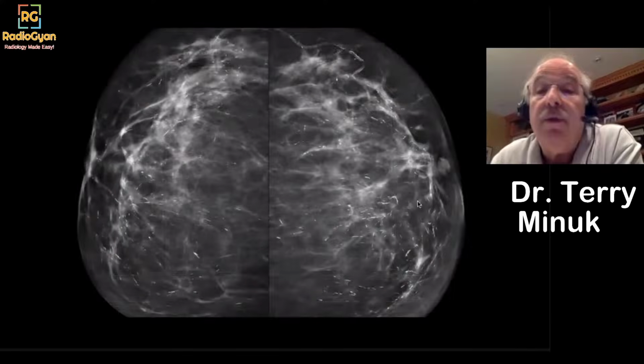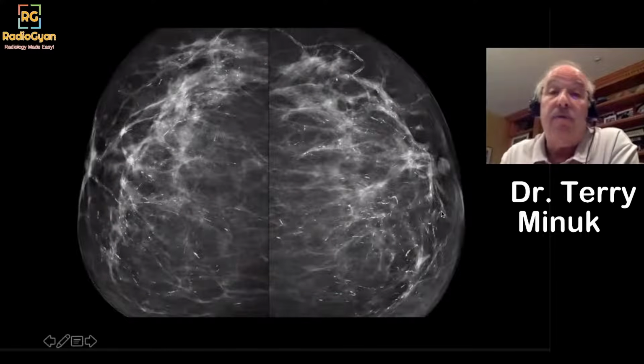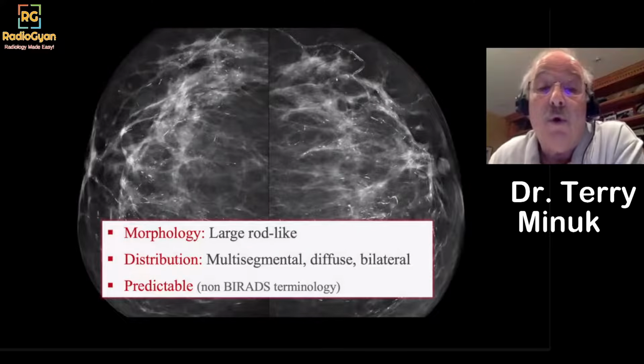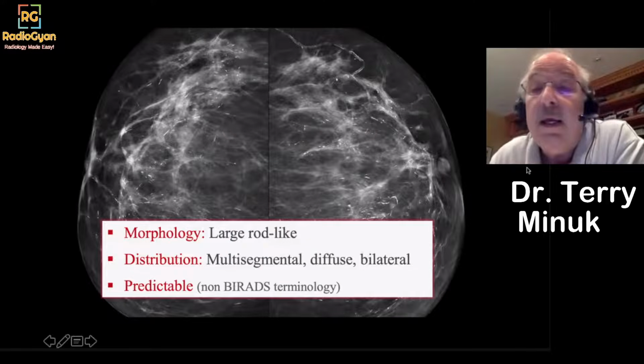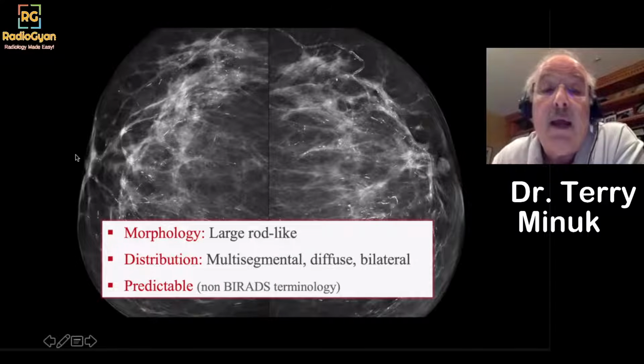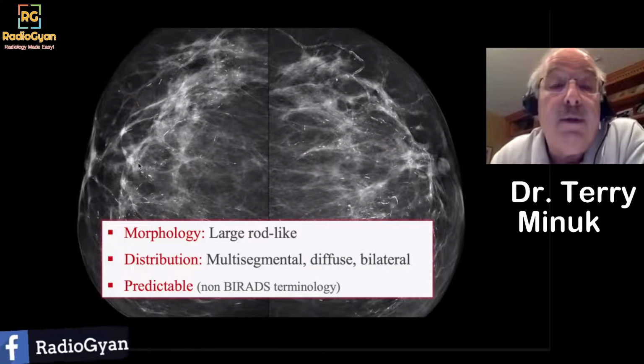Now, this is a classic appearance of plasma cell mastitis or secretory disease. It's bilateral. It involves segments in the top half and the bottom half, the medial and the lateral breast. It's multi-segmental and it's bilateral. And that tells you benign disease.